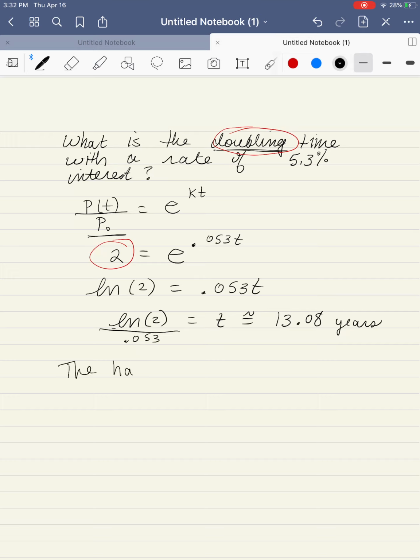Let's use that same concept with the concept of half-life.